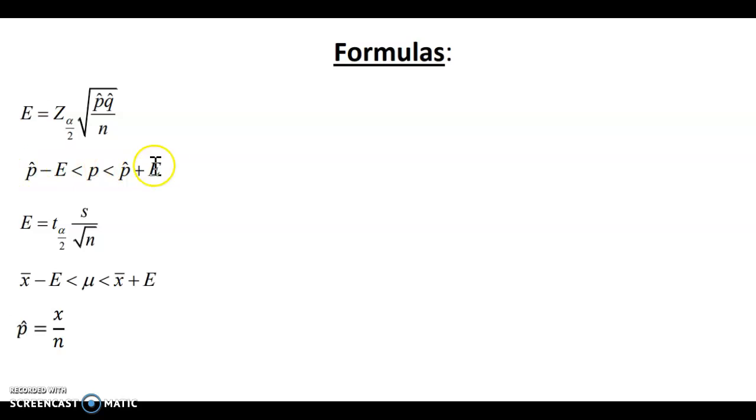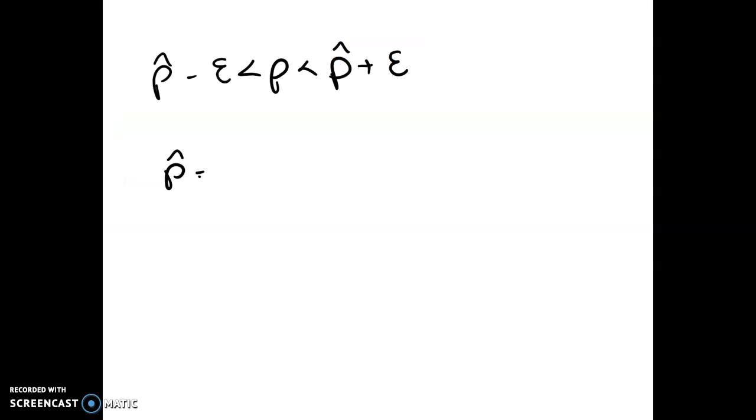So I'm going to take this one right here, which means I need p hat and I need the margin of error. And we've already got both of those pieces of information based on the previous questions before this one. Okay, so I know that p hat is 0.847, and I know that the margin of error is 0.058.